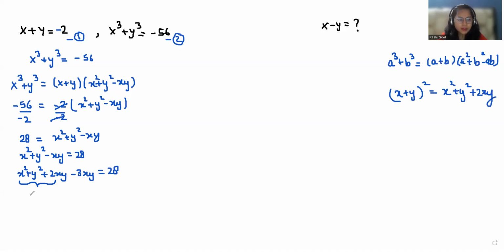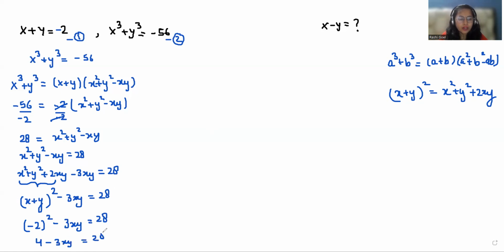So we can replace this: (x plus y) whole square minus 3xy is equal to 28. In place of x plus y, with the help of equation number 1, we can write -2. So (-2) square minus 3xy is equal to 28. (-2) square is 4, so 4 minus 3xy is equal to 28.